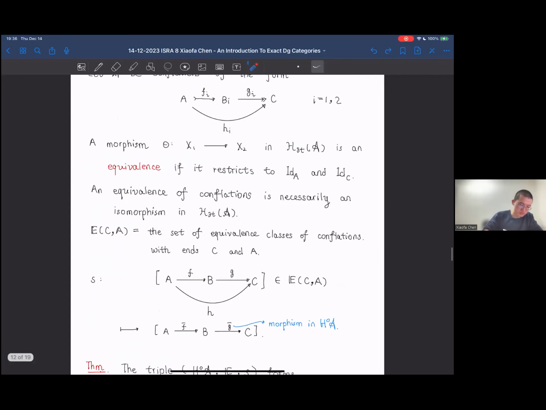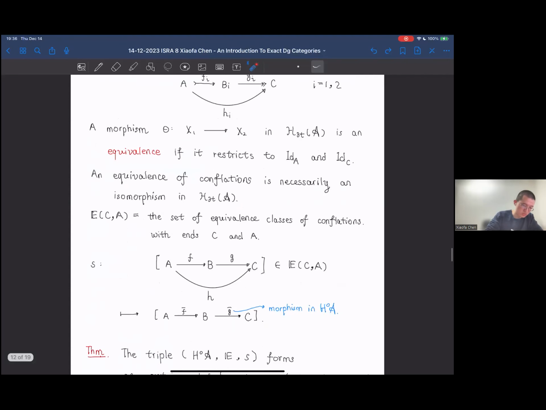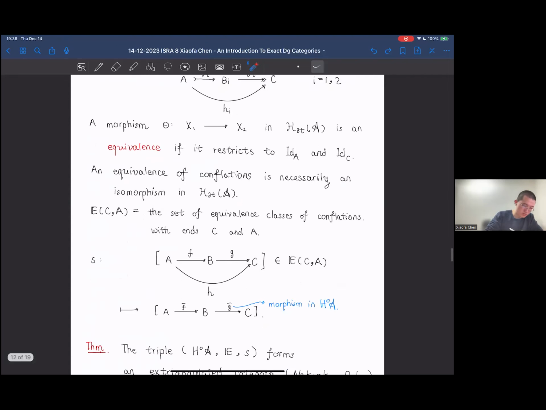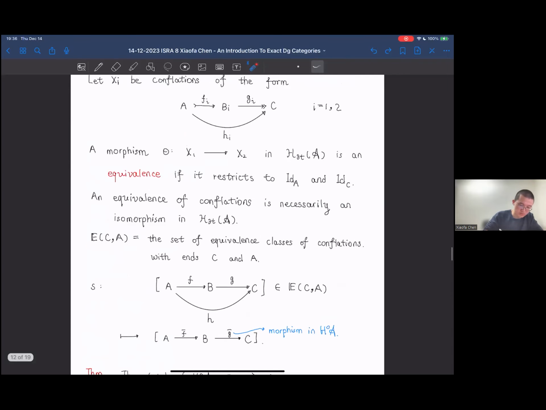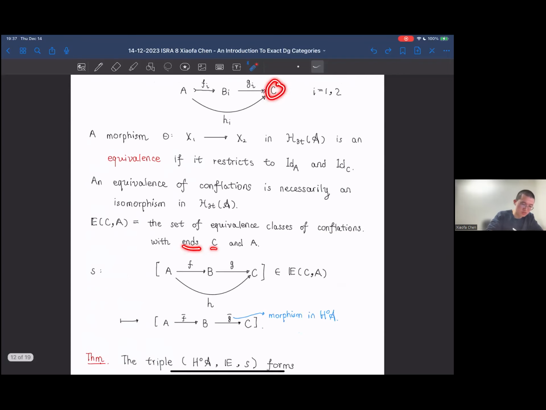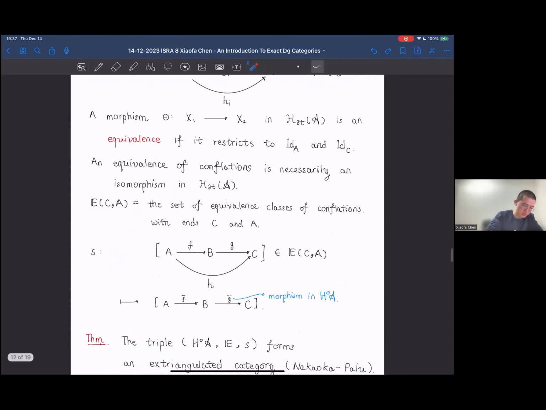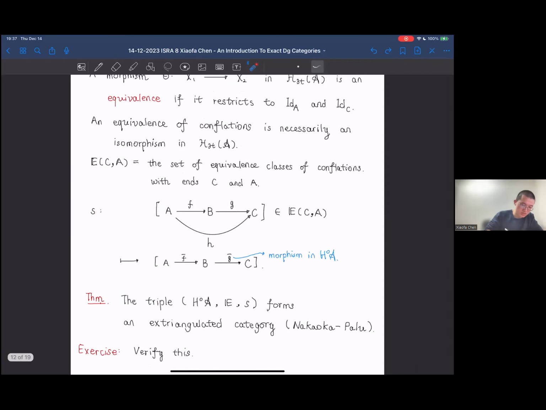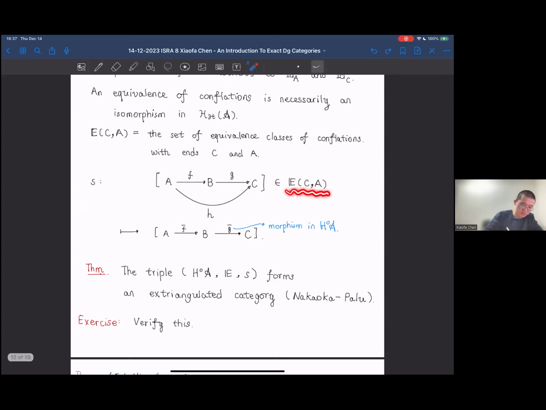Then we define the bimodule E, which acts on C and A, to be the set of equivalence classes of conflations with ends C and A. And the correspondence s will be given by sending an element in this bimodule, which is given by an equivalence class of conflations, to the corresponding conflation in H0.